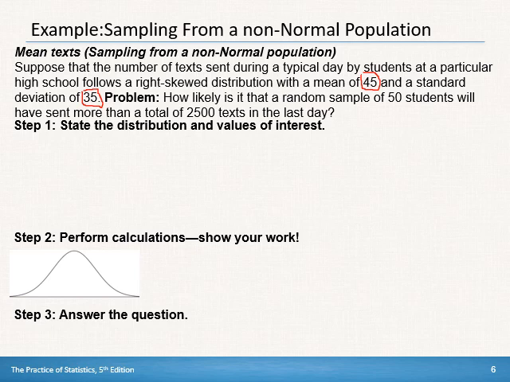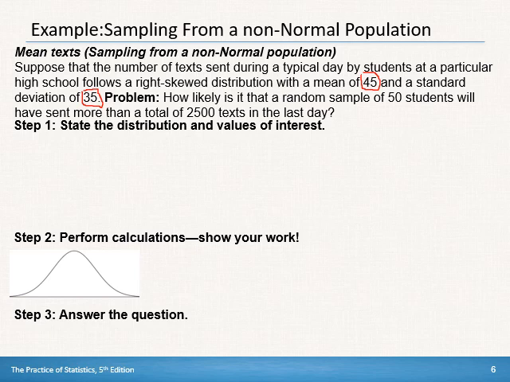So here we know it's right skewed, so we know it's not normal. All right, here's the question that we're trying to answer. How likely is it that a random sample of 50 students will have sent more than 2,500 texts in the last day?